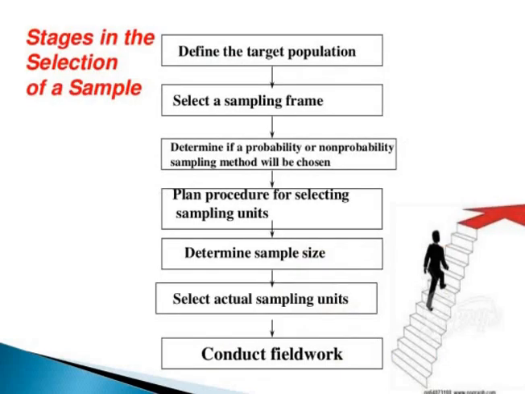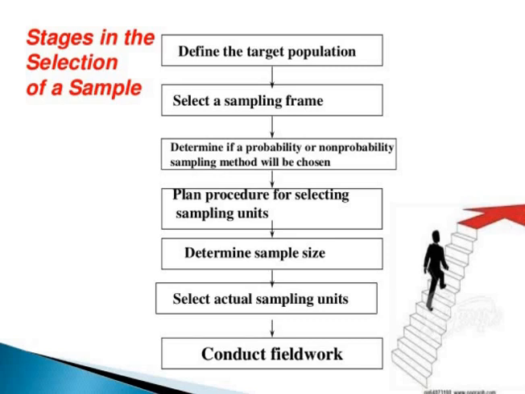Now these are the different stages in the selection of a sample. How do we do sampling? First, as I showed in the diagram, we define the target population. From that target population, we set a sampling frame. You know what a sampling frame is.